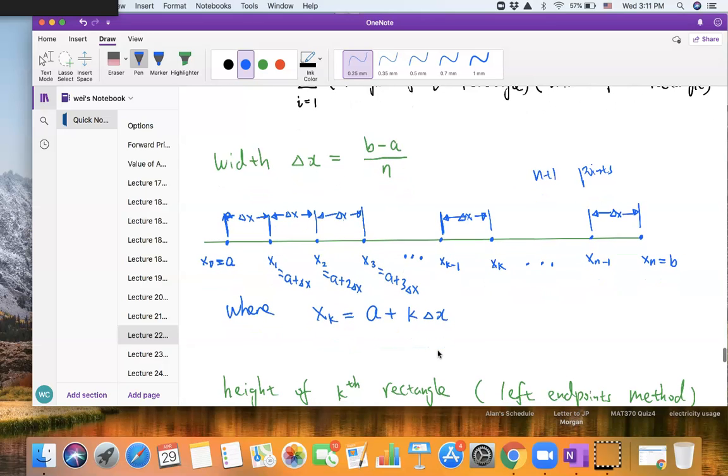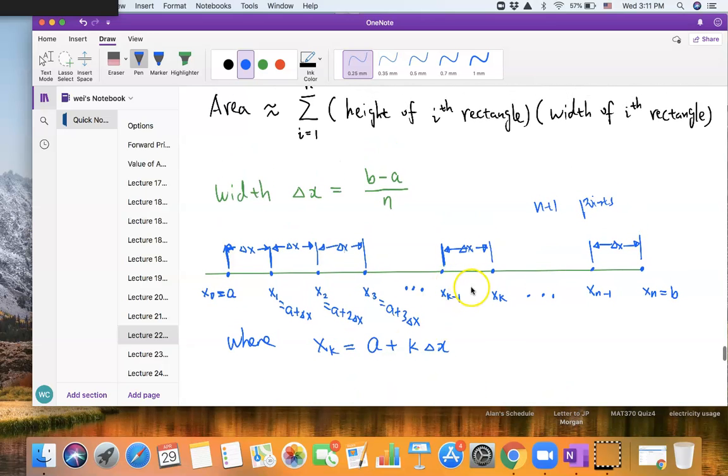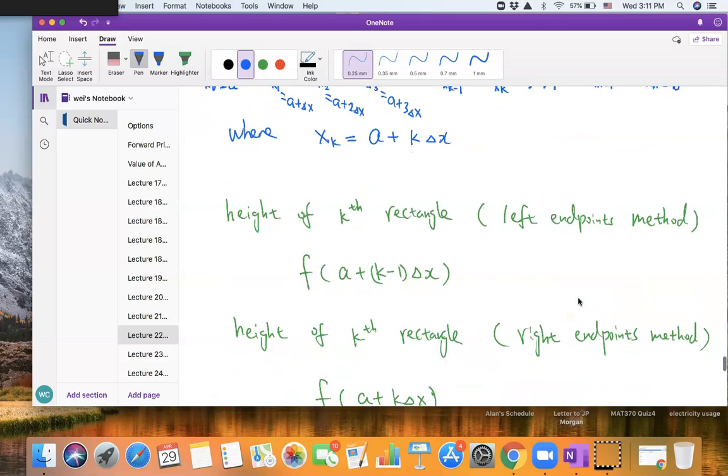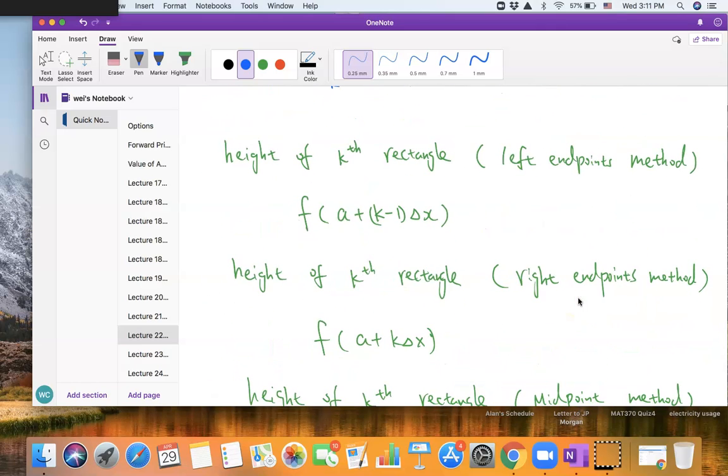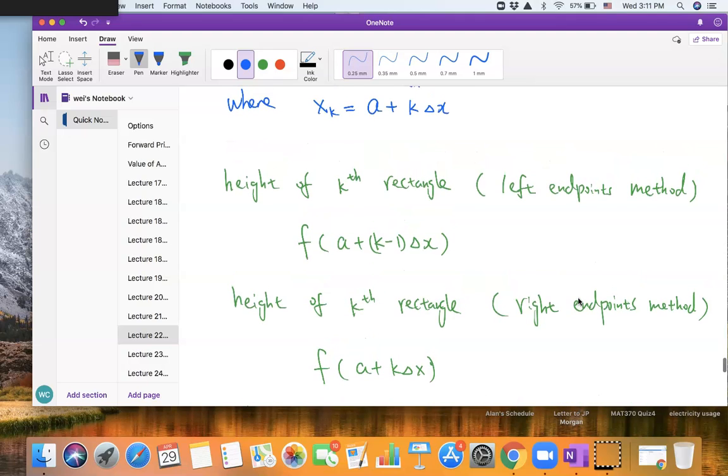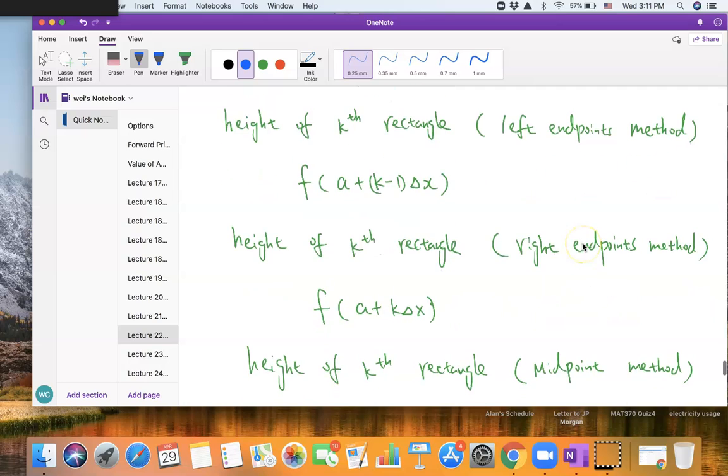Once we figure this out, we have three different choices for determining the height. The first two are the left endpoint method and the right endpoint method.